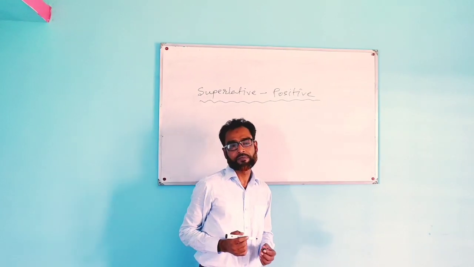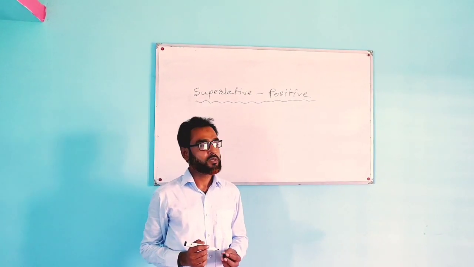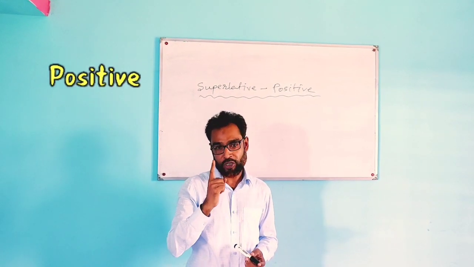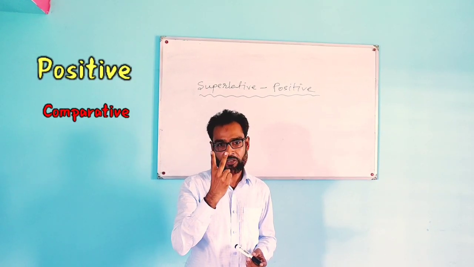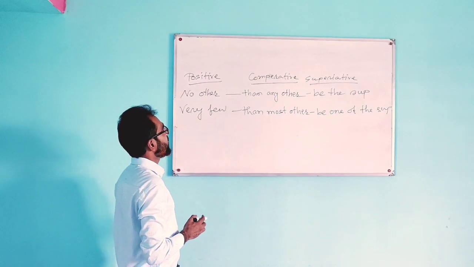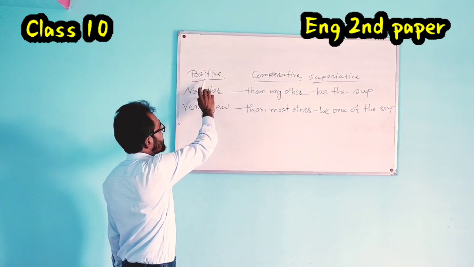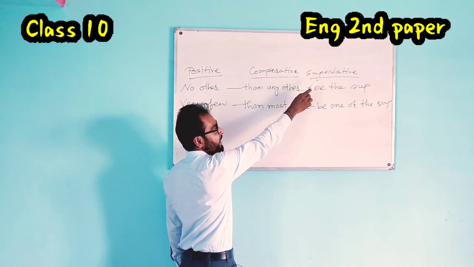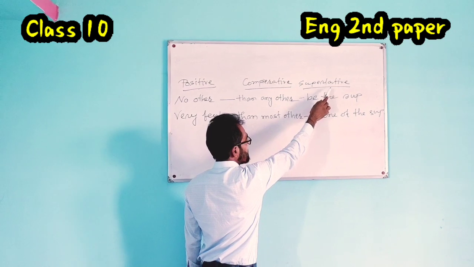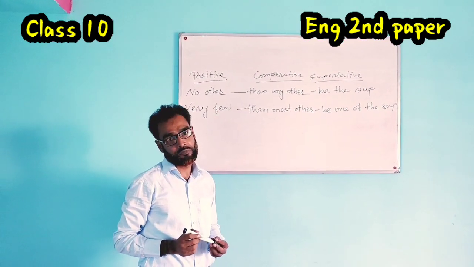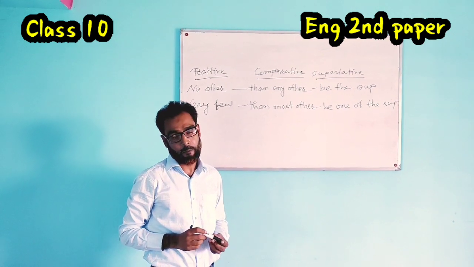Dear students, we know there are three kinds of degree: positive, comparative, and superlative. But how can we detect them individually?